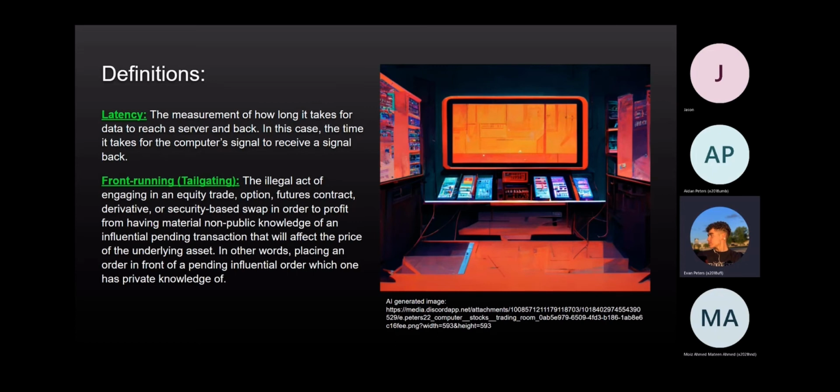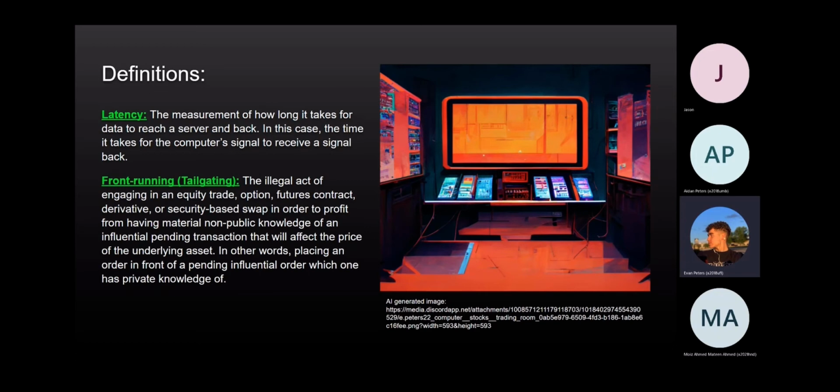This is prohibited by law, so it's an illegal act of engaging in an equity trade, option, futures contract, derivative, or security-based swap in order to profit from having material, non-public knowledge of an influential pending transaction that will affect the price of the underlying asset.